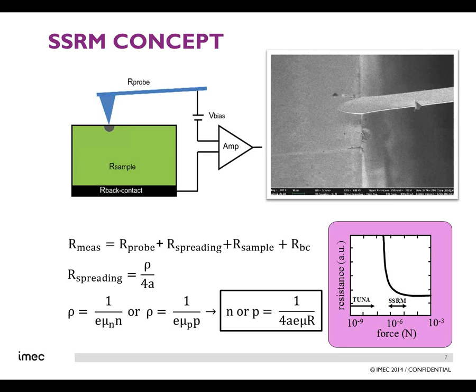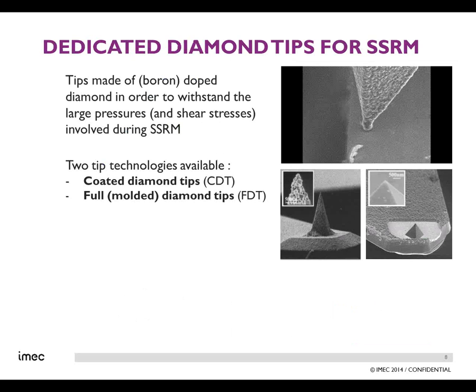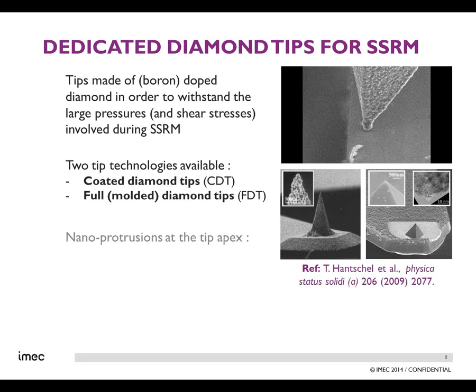The tip that you see in the small movie here is a diamond-coated tip. There are actually two technologies, as Peter mentioned, these diamond-coated tips and also full diamond tips that we developed here at IMEC.